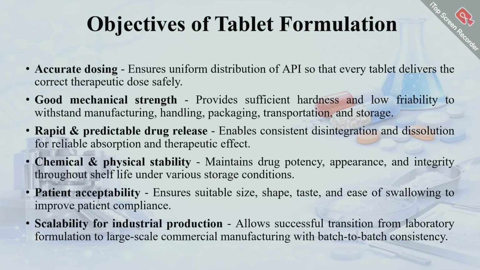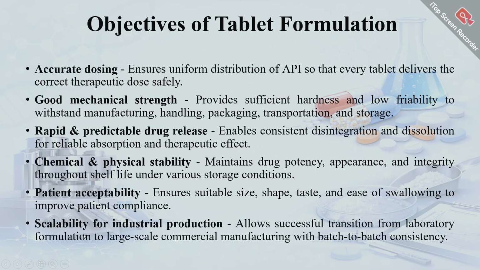Disintegration and dissolution of the tablet are also most important, as they are the main process for releasing a drug into the body. Chemical and physical stability, it should maintain drug potency, appearance, integrity throughout its shelf life under various storage conditions. Patient acceptability, it should be of suitable size, shape, and taste, and also it should be easy for swallowing to the patients.